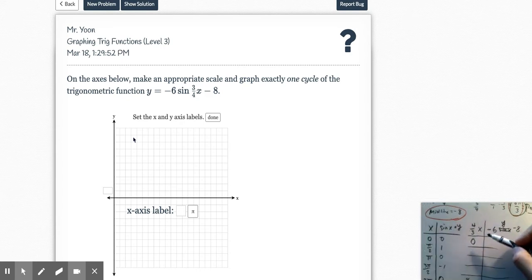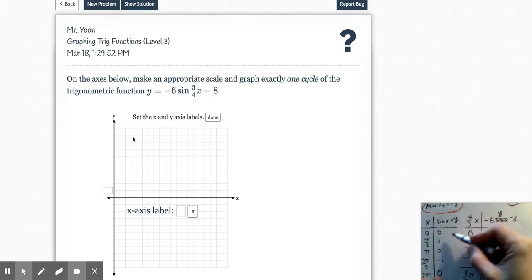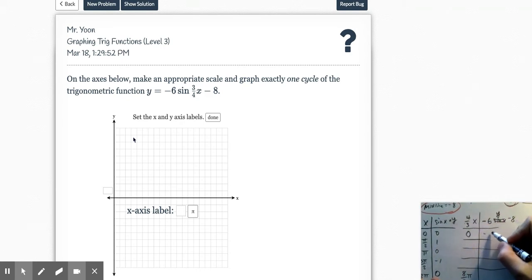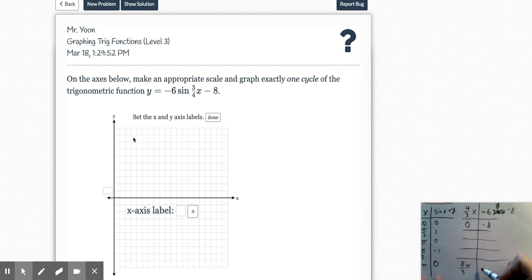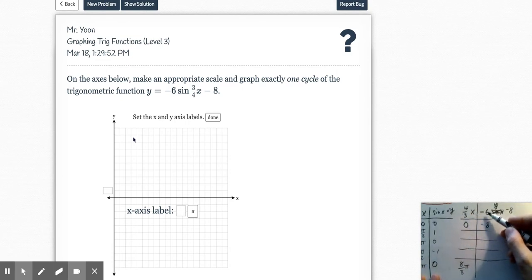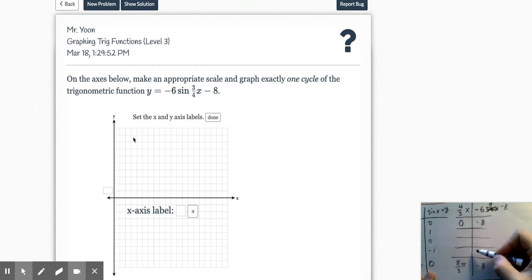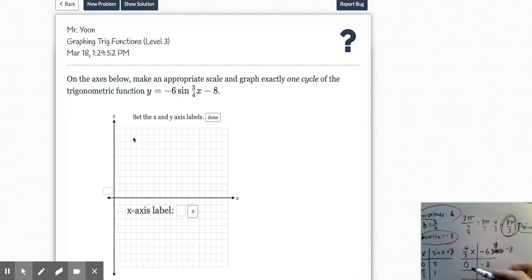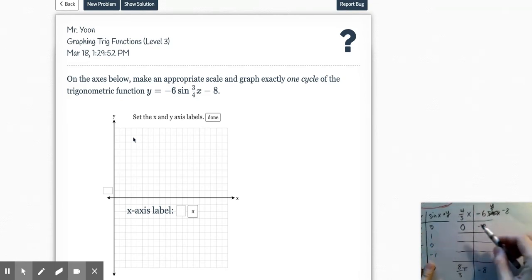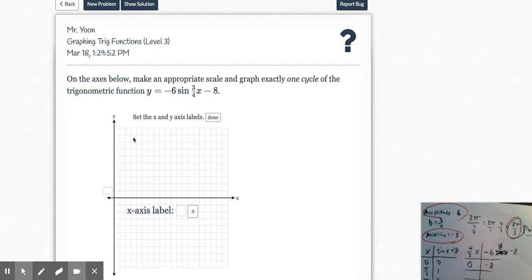A lot of you have been doing this. You take that negative 6 times 0, and then subtract 8, so it's negative 8. And then when we get to the end, negative 6 times 0, then subtract 8, we're going to be back to where we started, and then it will shift up and down along the way. And then you just follow that if you want to fill out the table.